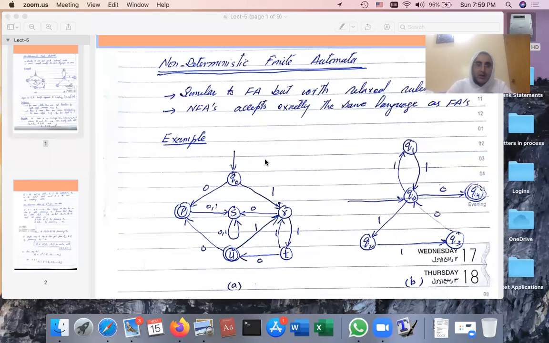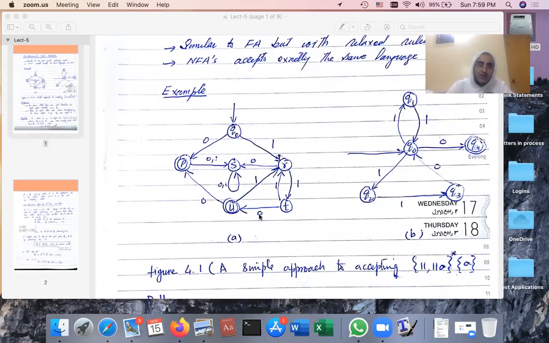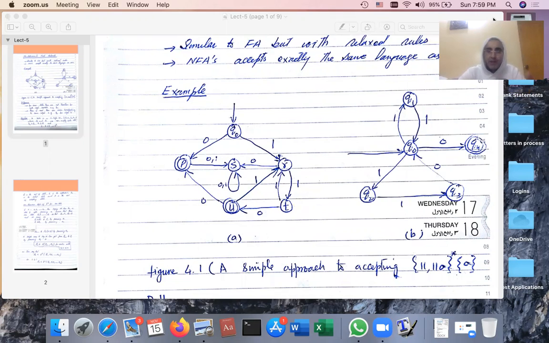For example, on the left hand side you are seeing an FA, and on the right hand side you are seeing an NFA. This FA and NFA are for the language (11, 110) whole star, and then there is a 0 at the end of the strings that will be produced from this expression.